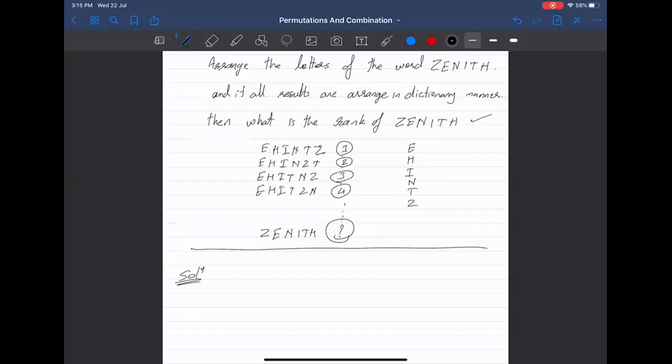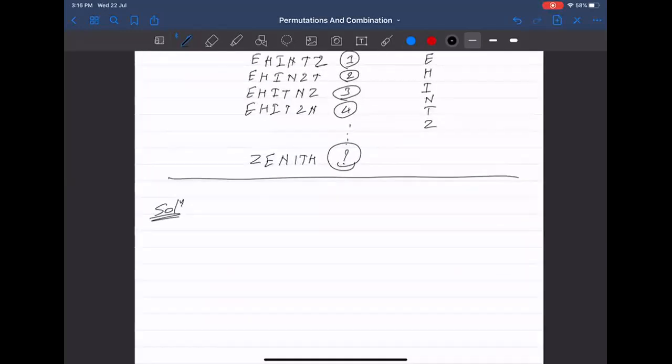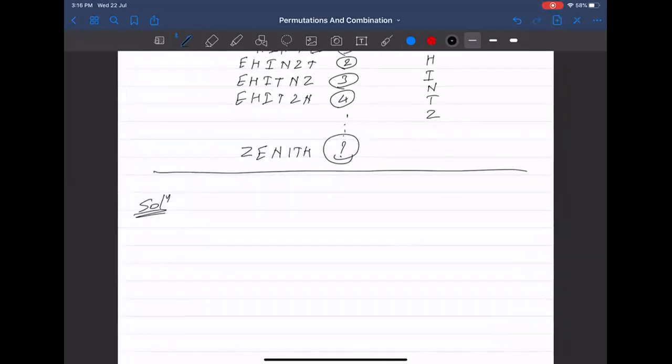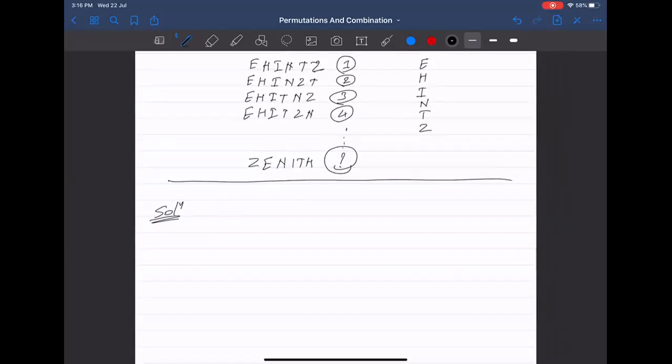So possibilities for the first position is 1, because it has to start with Z, because Z is the last one. Second one would be letters after E, so that's 4 possibilities.